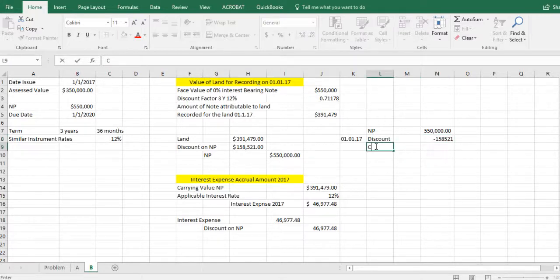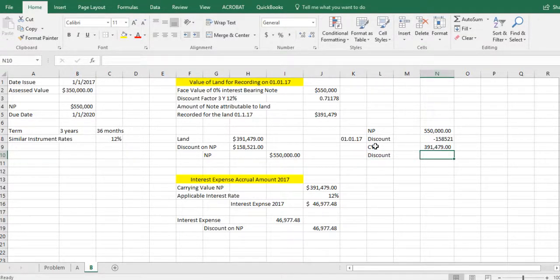That gave us a carrying value of $391,479. Now we went ahead and removed some discount, and that was in the amount of $46,977.48. So we'll add that.